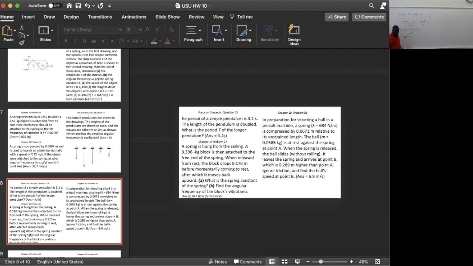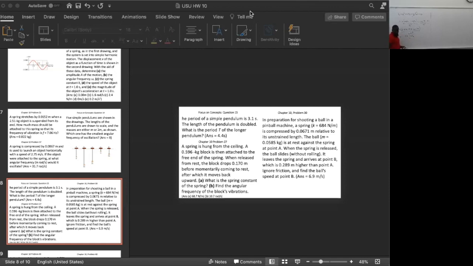So let's do this calculation again. 2 times 0.596 times 9.8. 68.7. Sorry, I made a mistake. 68.7. I was like, what's going on? 68.7 newtons per meter. Okay, that's the correct answer for the k given in the problem.